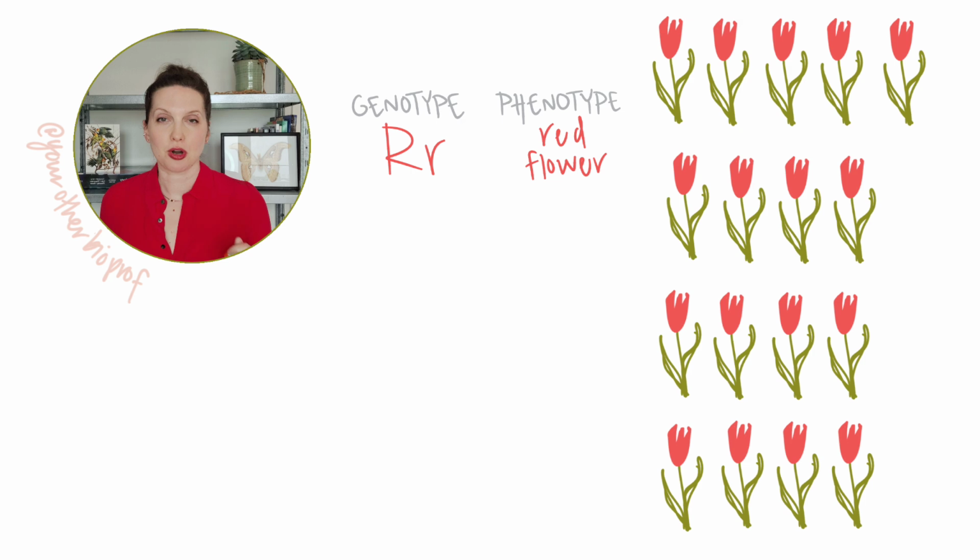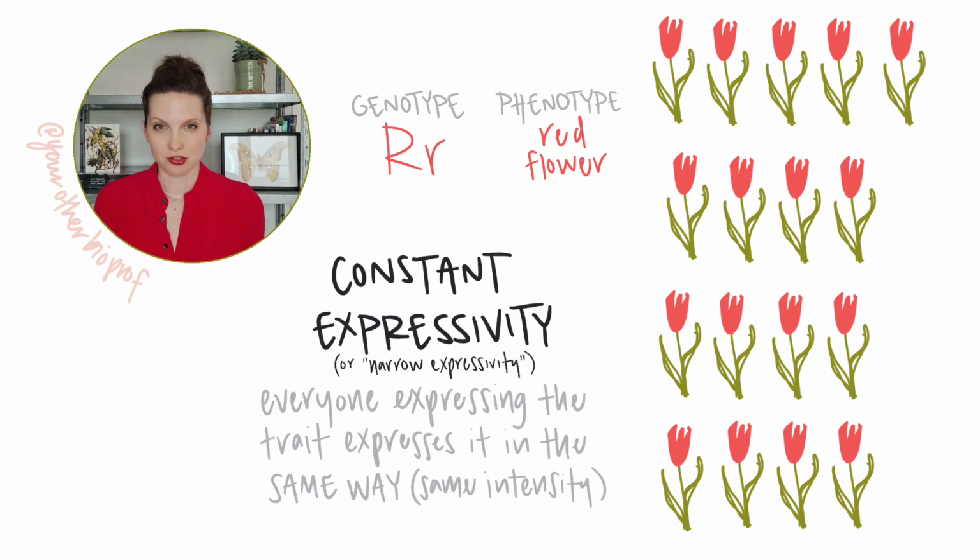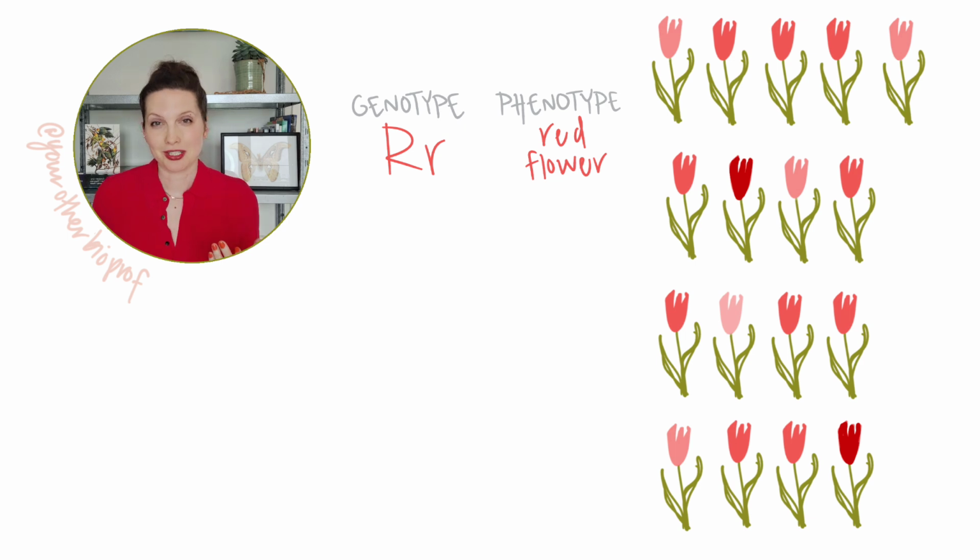If we go back to our red flowers and the 17 individuals that expressed red flowers, to what extent? Expressivity could be constant, meaning all 17 individuals express the phenotype in the same way, the same intensity of red color. Or some individuals could have expressed the red as a lighter red, while others a bold, deep red.